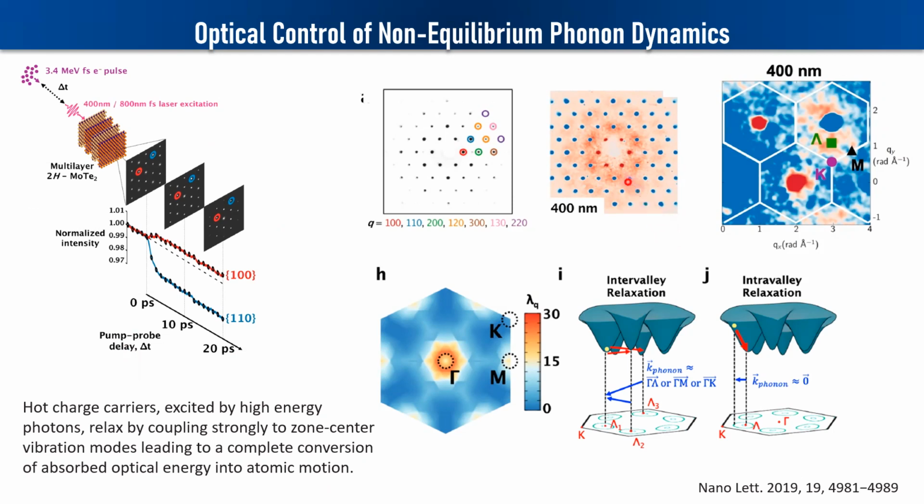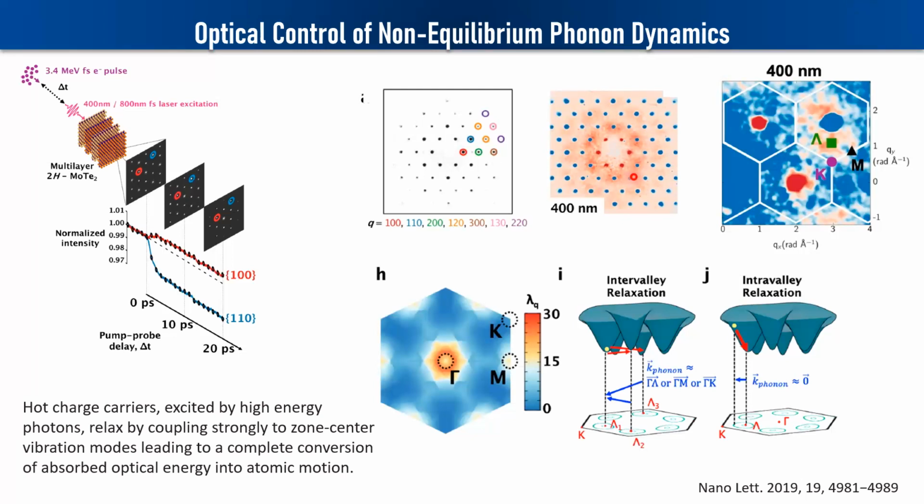Unlike the earlier case where all these spots were weakening, the blue color here indicates that the intensity is reducing, and the red color indicates that the intensity is increasing. So for some of the spots the intensity is increasing, whereas for the other diffraction planes the intensity is decreasing.